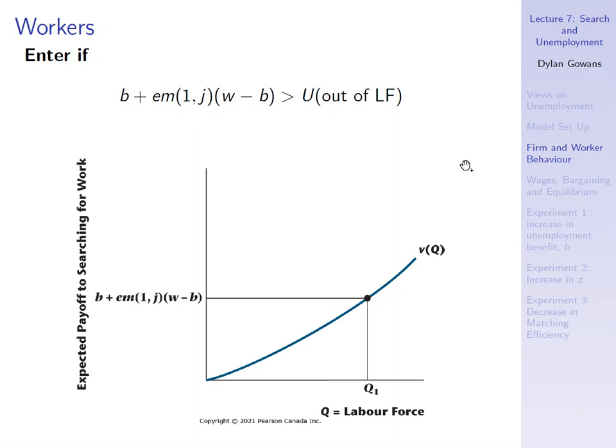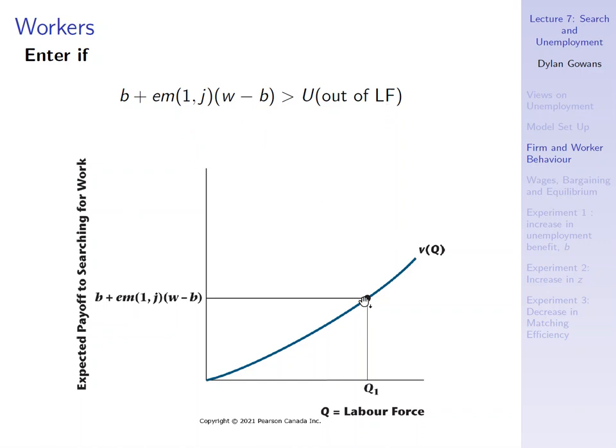And this actually leads us to what determines the labor force, and it's given by this line V of Q. And so let me be specific about why this holds. Because the line is upward sloping, this tells us that if the value to being in the labor force increases, there will now be more workers for whom the value of being in the labor force is greater than the value of being out of the labor force.